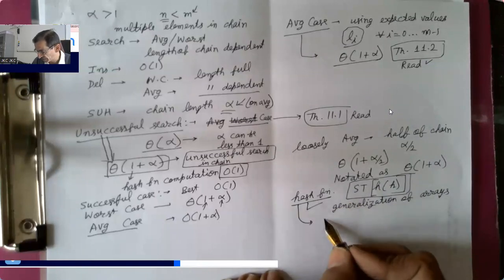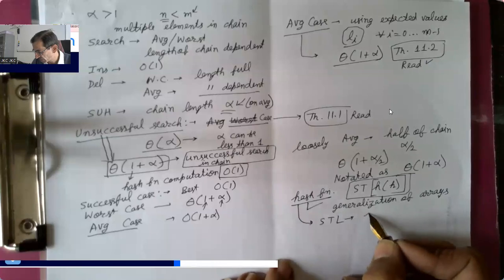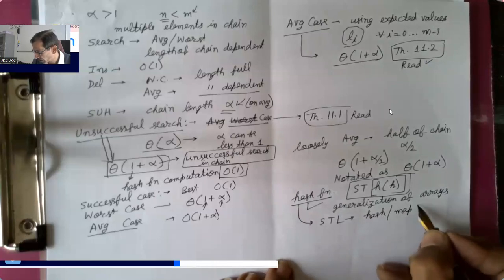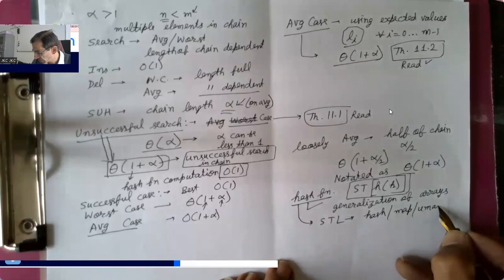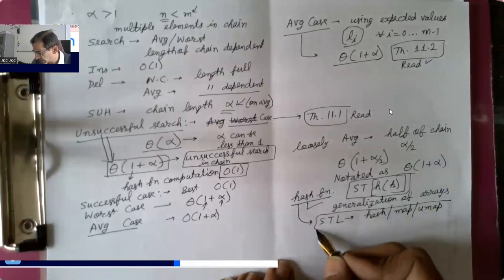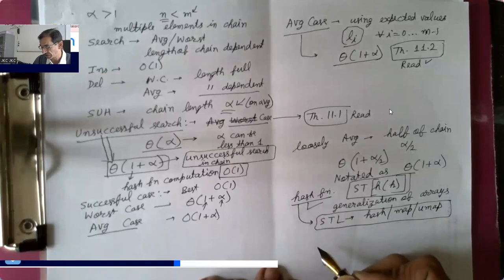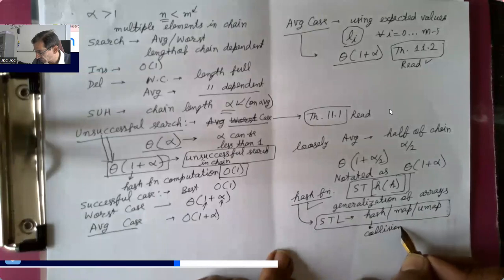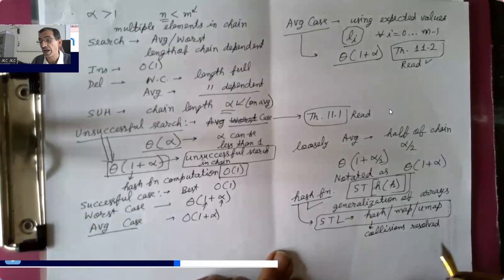For example, in STL, you use various concepts like hash or map or unordered map. All these things are closely related to the concept which we have discussed. And there also collisions are internally handled. So collisions are also being resolved, and there are algorithms to do that.